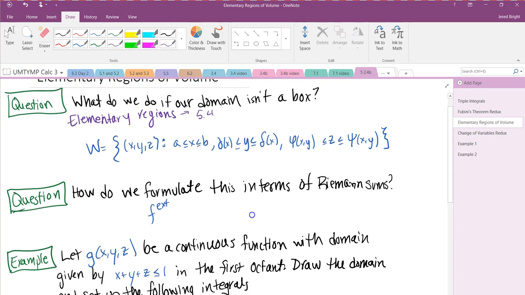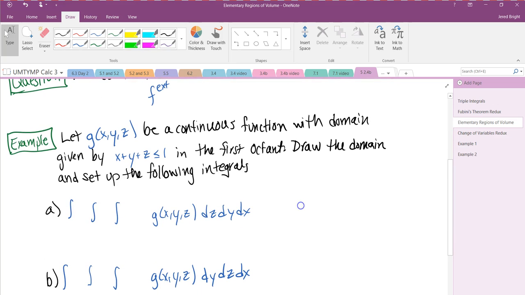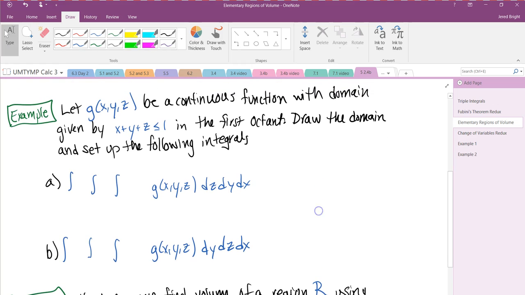Okay, so here's an example. We have a continuous function with domain given by, okay, and in the first octant. Draw the region and set up the following integrals. Well, it seems simple enough. So if we draw the region, drawing in 3D is fun, and you know I'm an awesome artist, so as are all of you. So here are the points.